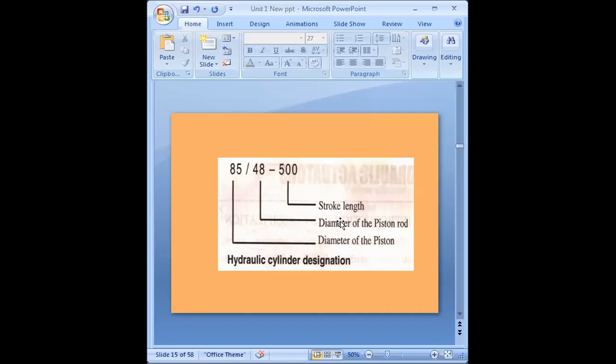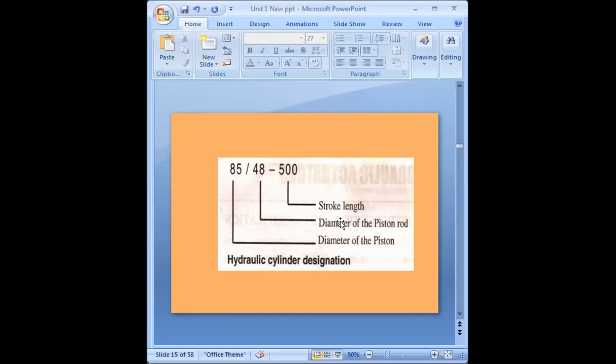Because every product has its designation. It's some symbolic representation or statistic-oriented designation for every product in the industry.